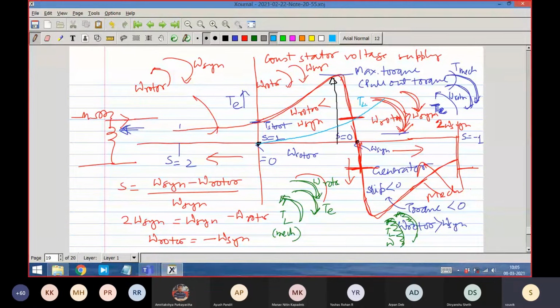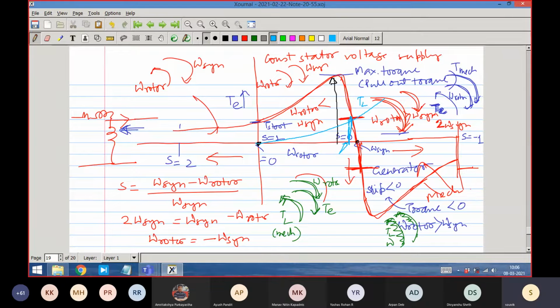Where they intersect, they operate. This is the operating slip. This is called the rated operating point, rated slip. You must note that rated slip is far away from the slip for maximum torque.